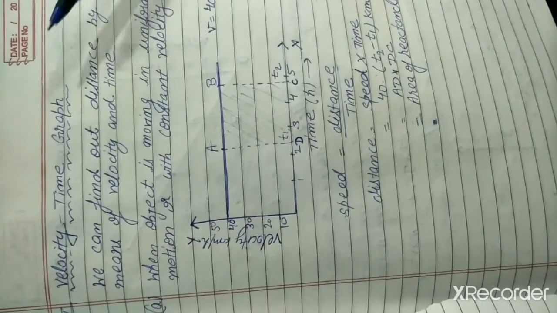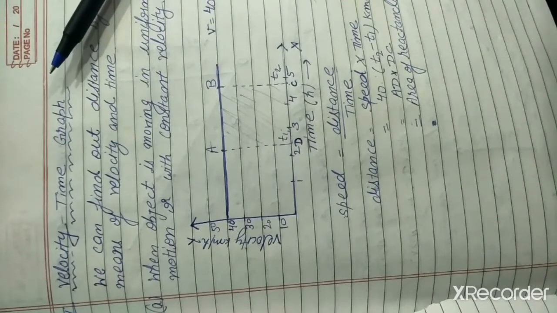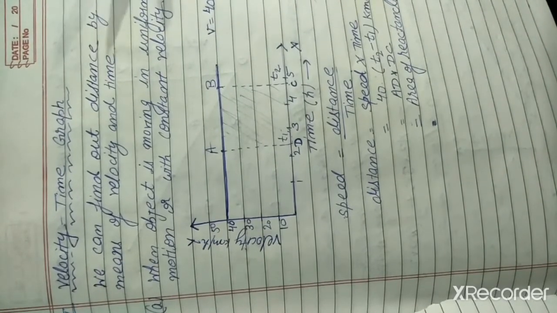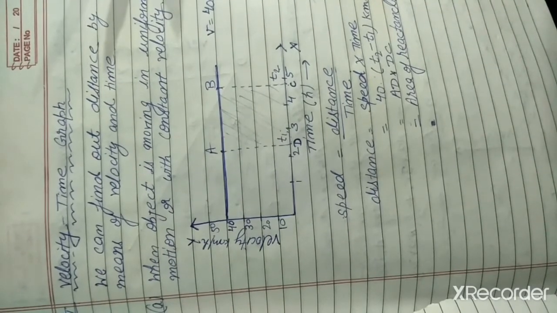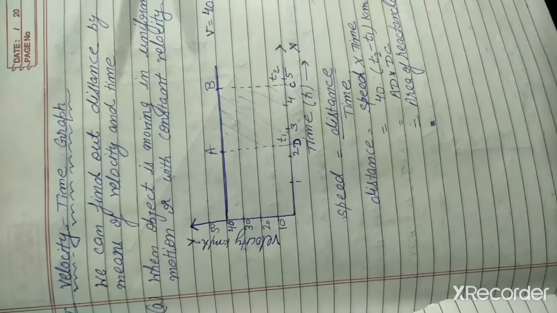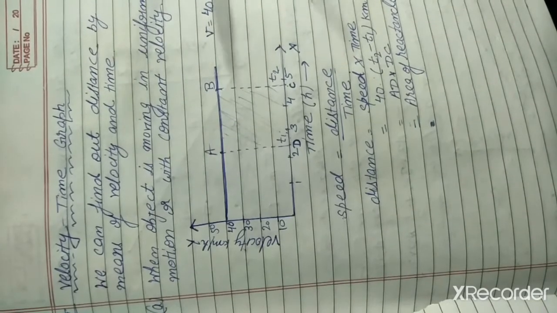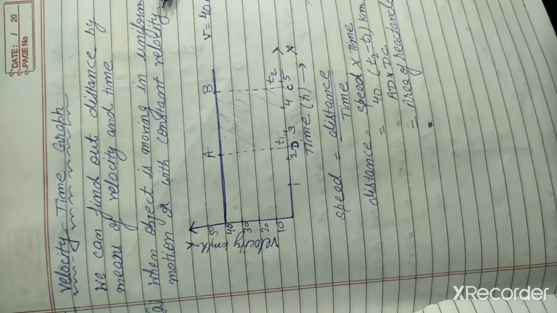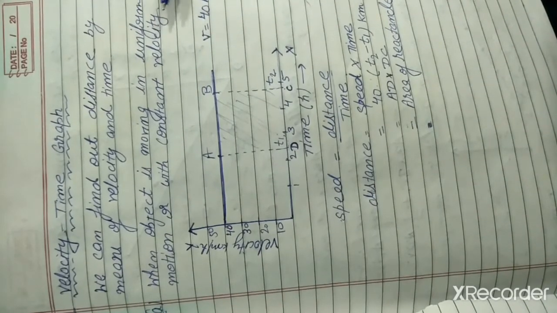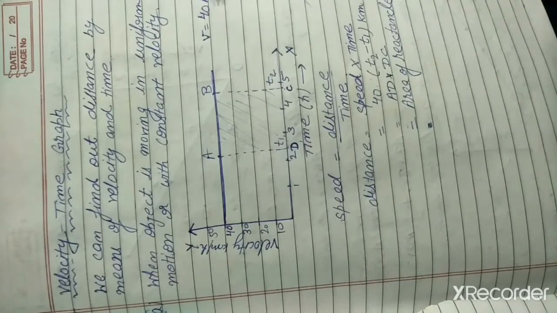Another is the velocity-time graph. We can find the distance by means of velocity and time. How can we calculate distance here? Suppose in the first case the object is moving in uniform motion, with constant velocity, and suppose the velocity of the object is 40 km per hour.